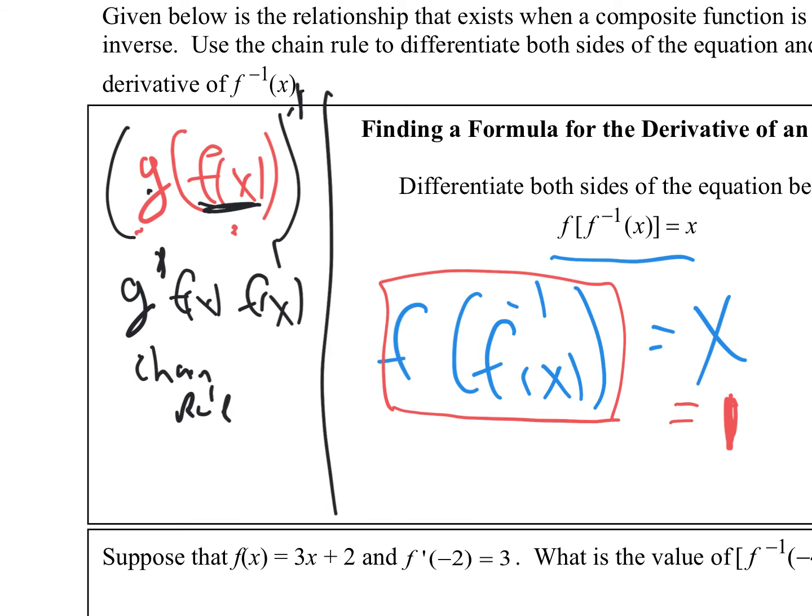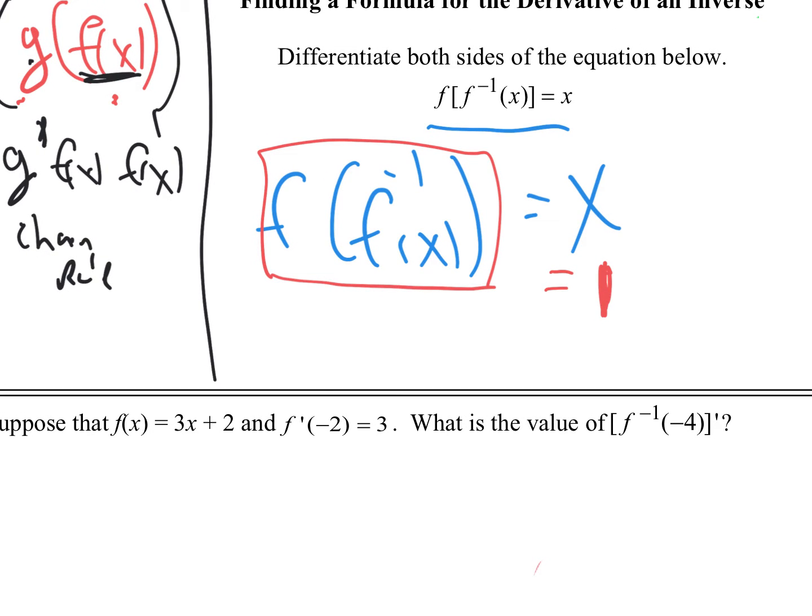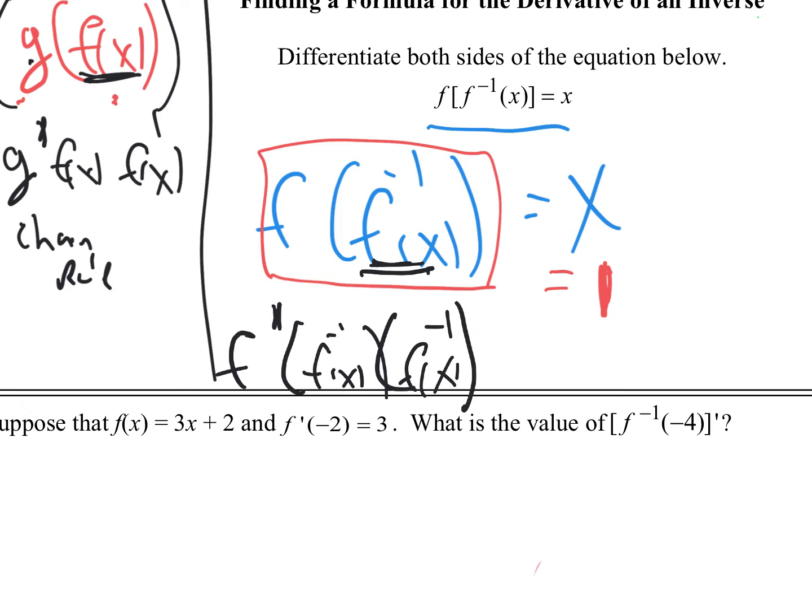So that means the big function is f, and the little function on the inside is the inverse. So the answer becomes f prime, keep the inside, f inverse of x. Now multiply by the derivative of the inside, which looks like this: f inverse of x, in parentheses with the tick mark to stand for derivative.